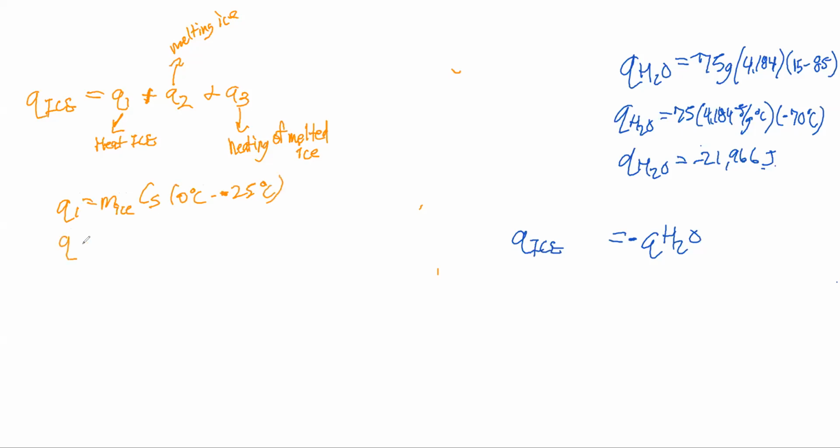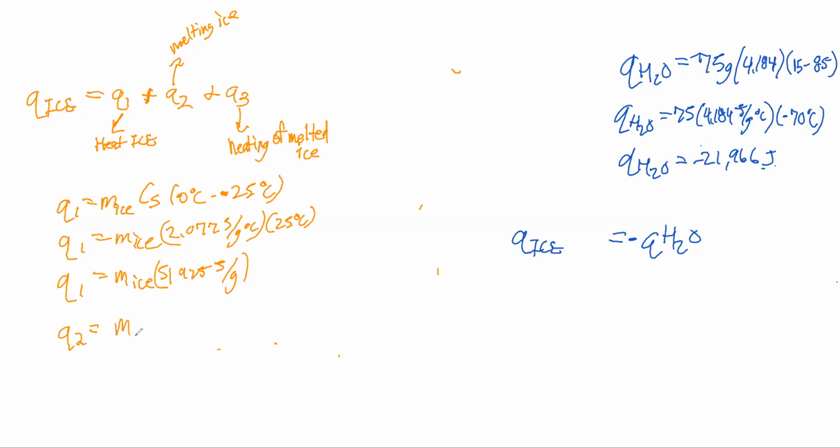Now, we don't know what the mass of that ice is, but we do know that the Cs should be 2.077 joules per gram degree Celsius. We do know that its change should be 25 degrees Celsius. So we can stand in that the Q1 for this should be 2.077 times 25 joules per gram.